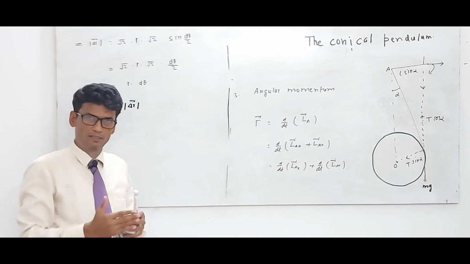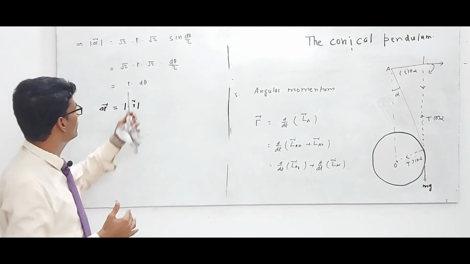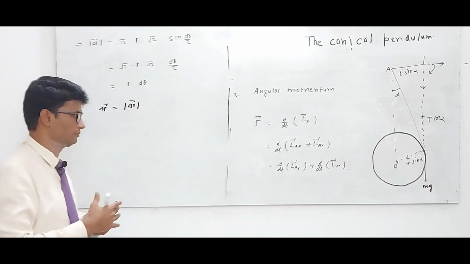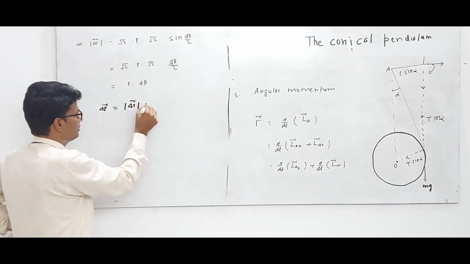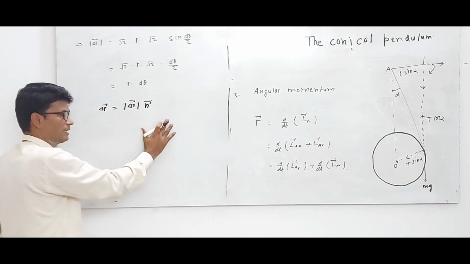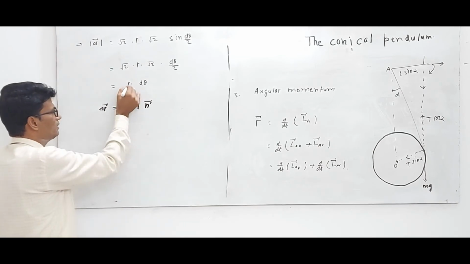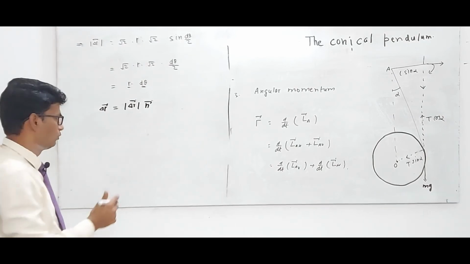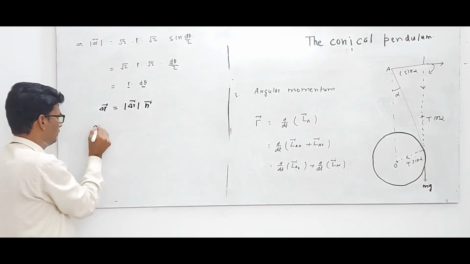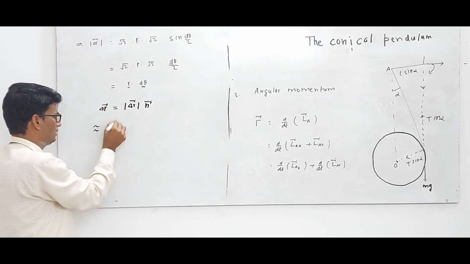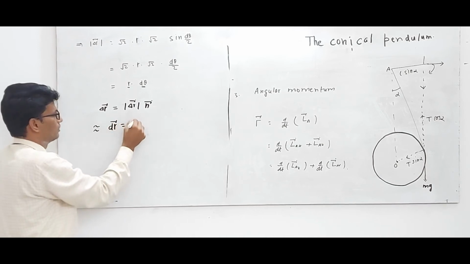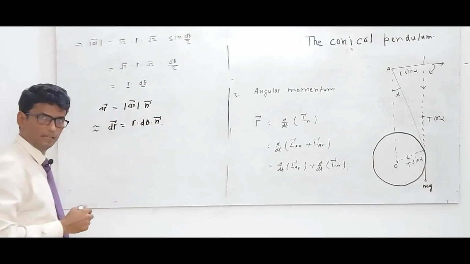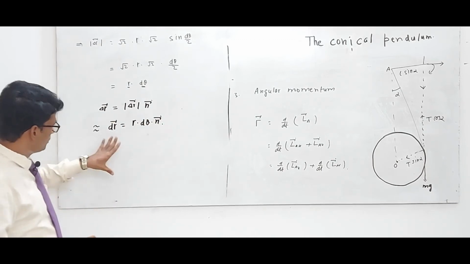This unit vector is perpendicular to vector r1, meaning in the direction of the tangent. So r multiplied by an infinitesimal quantity: we may write dr vector as r d theta times the tangential unit vector n. We have to use this result here.